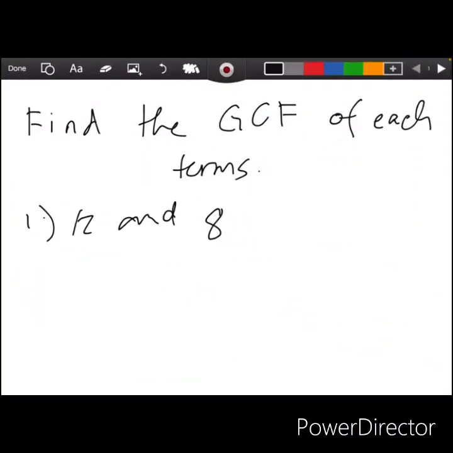Okay, let's try to find the greatest common factor of the given examples. The first step that you need to do is get the factors of each term. First, we have 12. The factor of 12 is 2 times 2 times 3. When you get the product, it will give you the original number, which is 12.